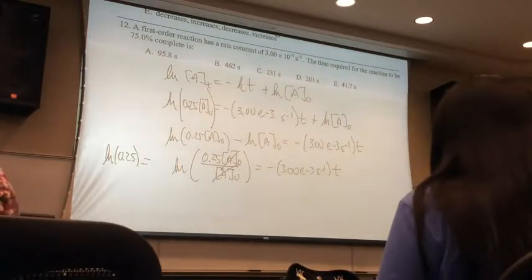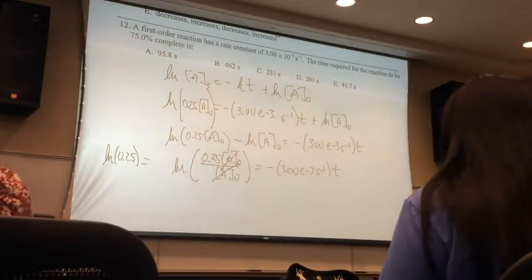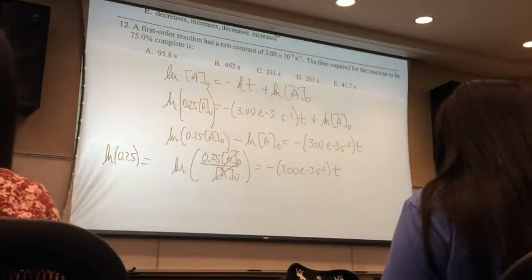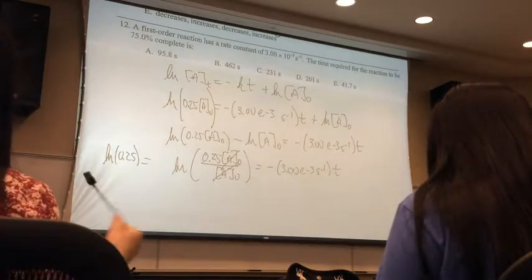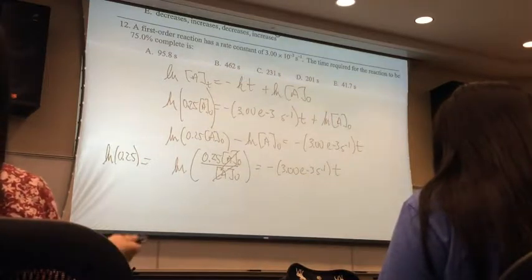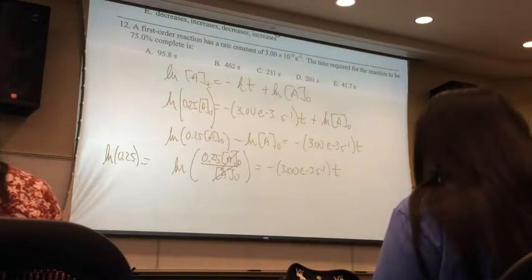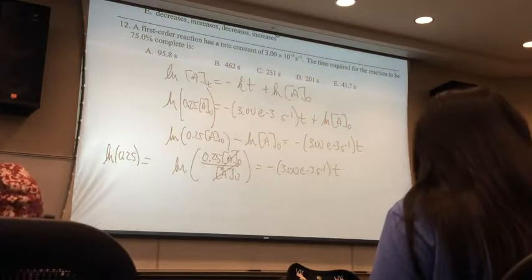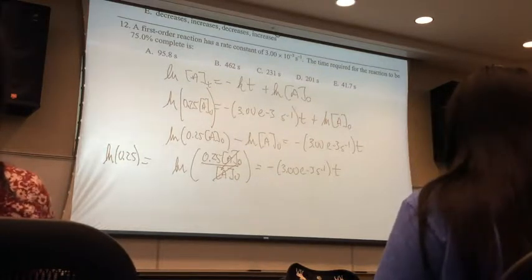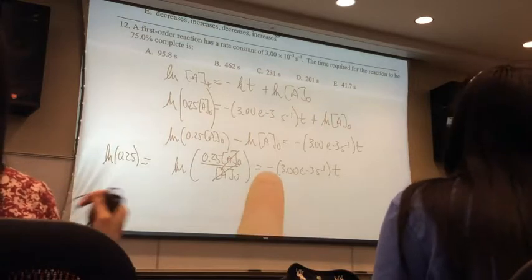So you go ahead and take your natural log of 0.25, which is minus 1.3862, etc. You're going to divide by a negative number, so we get rid of the negative sign on that, because the negative is coming over from here.